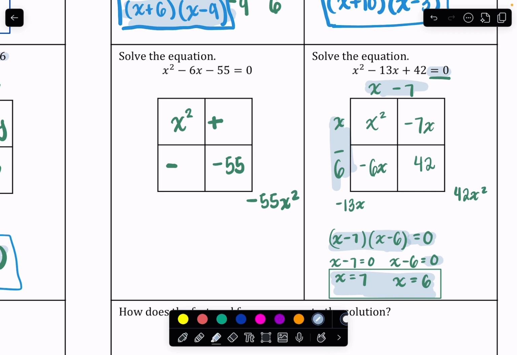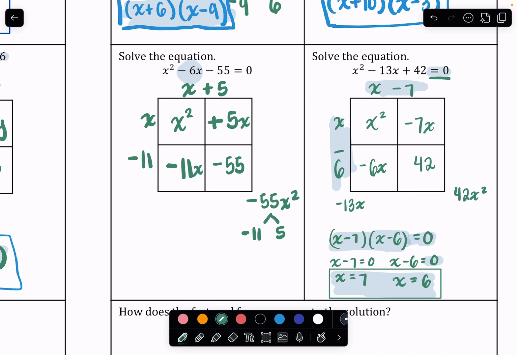Now, because my middle term is negative 6, I know that of the two, if 11 times 5 gives me negative 55, the 11 has to be negative. So my factors are x plus 5 and x minus 11.